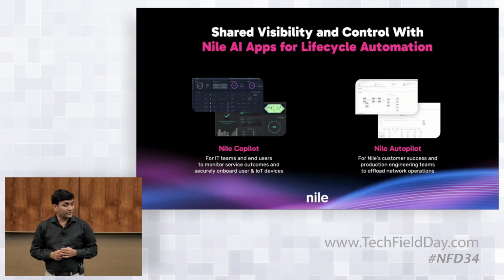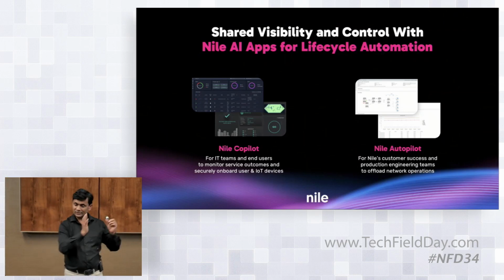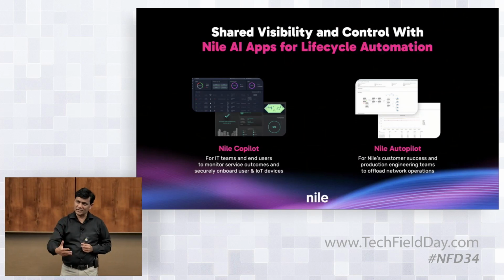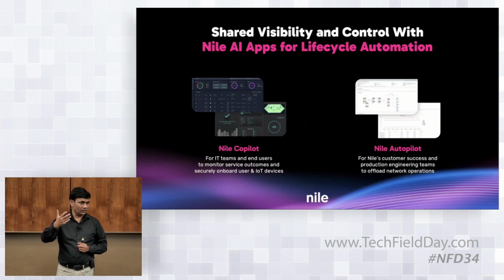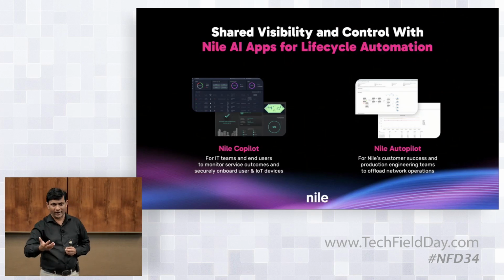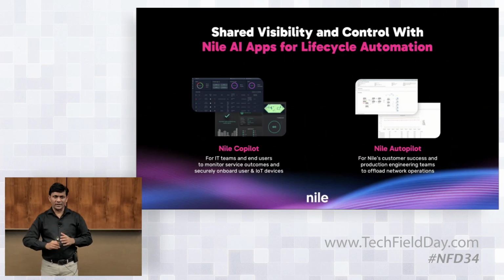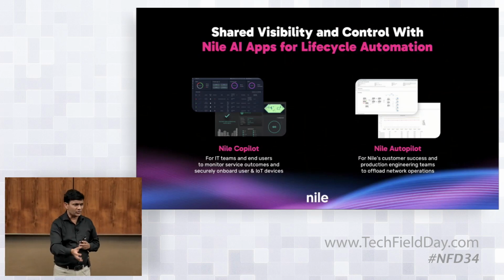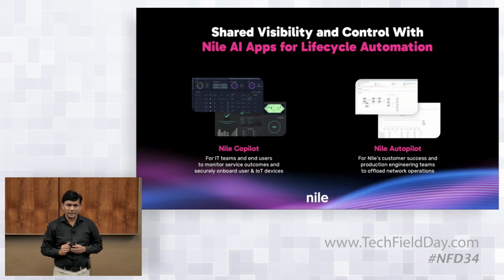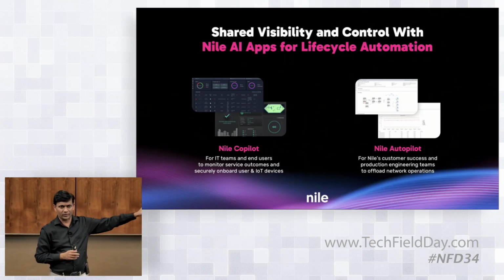Now, it's all about autopilot, right? Copilot is for visibility, but whenever a change happens, the data is coming into the cloud, and the cloud is automatically taking action, the closed loop automation that we talk about. Earlier, one of you asked if there is visibility into every switch and every AP if a crash happens. That is where the autopilot software comes in.